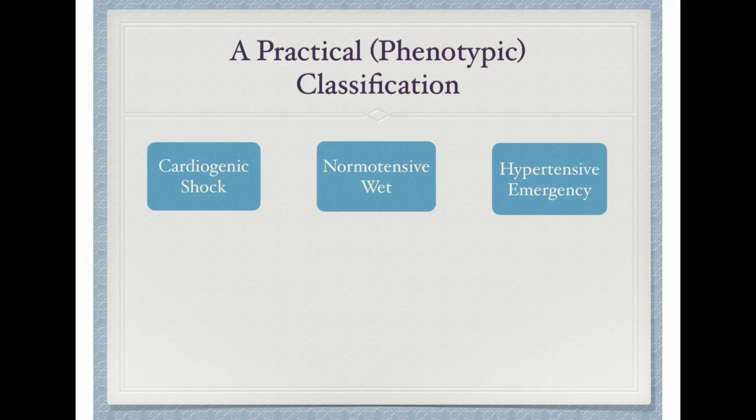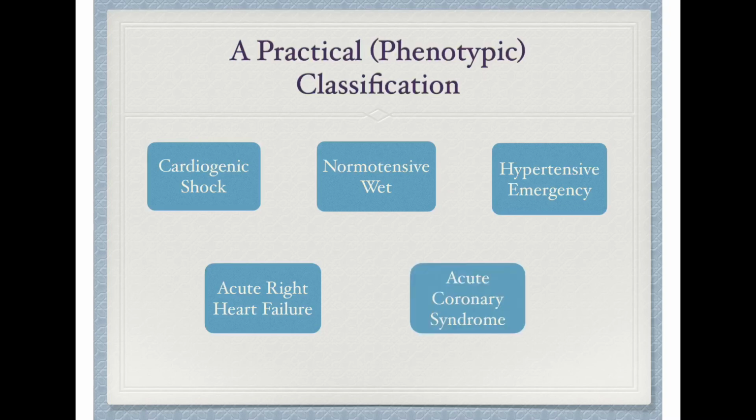Patients who are in a hypertensive emergency with a marked increase in their afterload. Patients who are in acute right-sided heart failure who have the findings of right-sided congestion without significant findings of left-sided congestion. And patients who are in heart failure as a result of acute coronary syndrome.